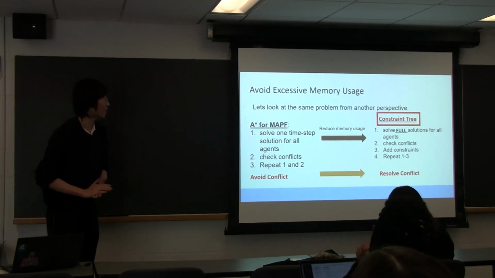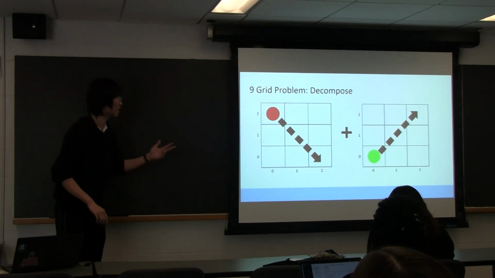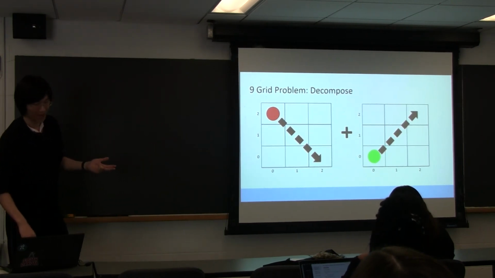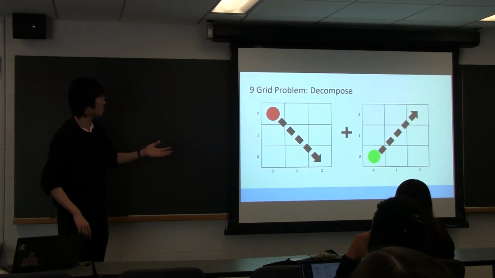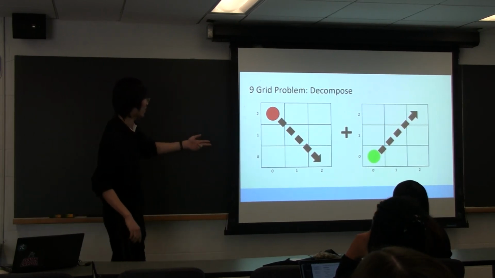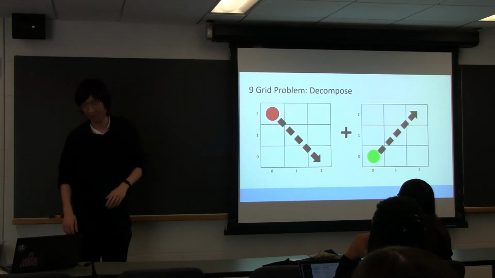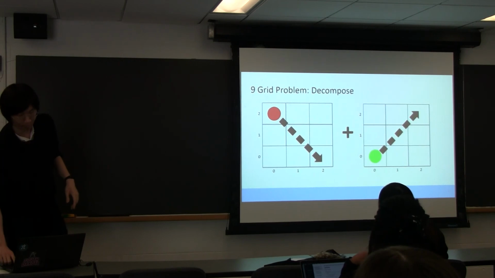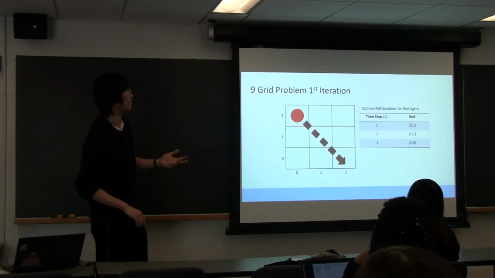From here we will introduce the concept of the constraint tree, and we are going to use this algorithm to solve this problem again, where we can decompose the 3 by 3 grid problem into 2 separate problems. One is the red agent going from here to here, and the green agent is going from the left bottom corner to the right. In the first iteration, we try to solve the optimal full solution for the red agent.